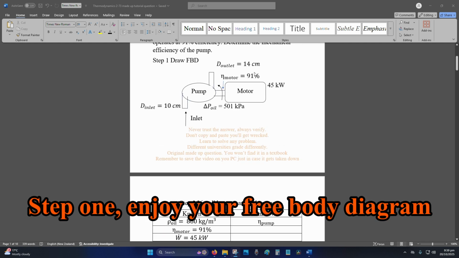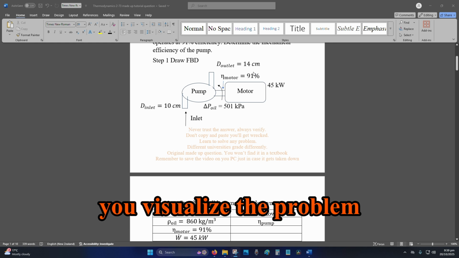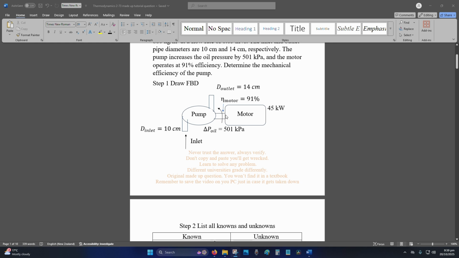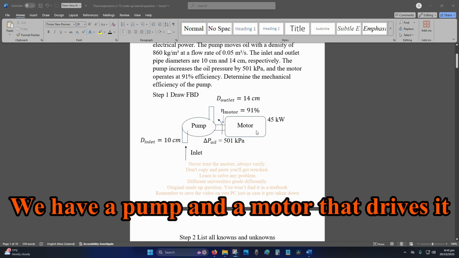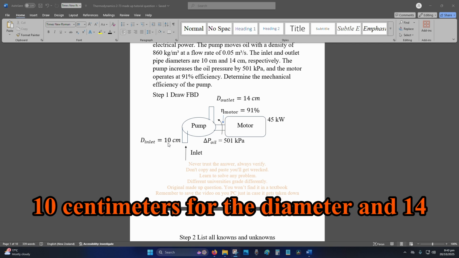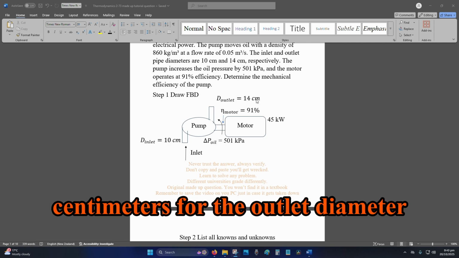Step 1, draw your free body diagram, your FBD. This will help you visualize the problem. We have a pump and a motor that drives it. We have the inlet at 10 centimeters for the diameter and 14 centimeters for the outlet diameter.